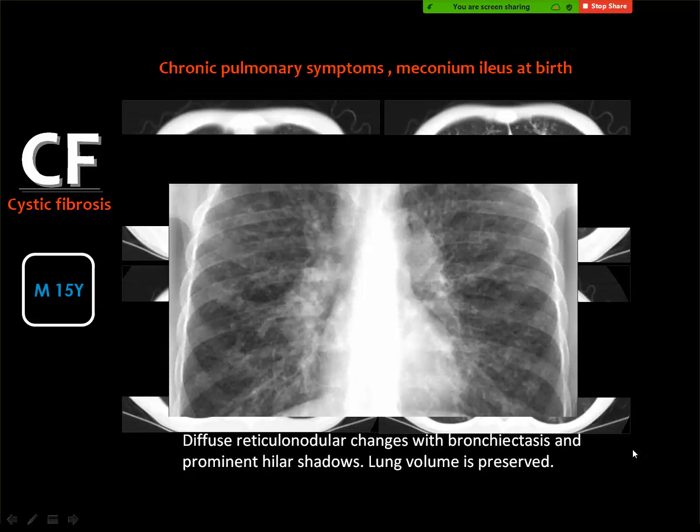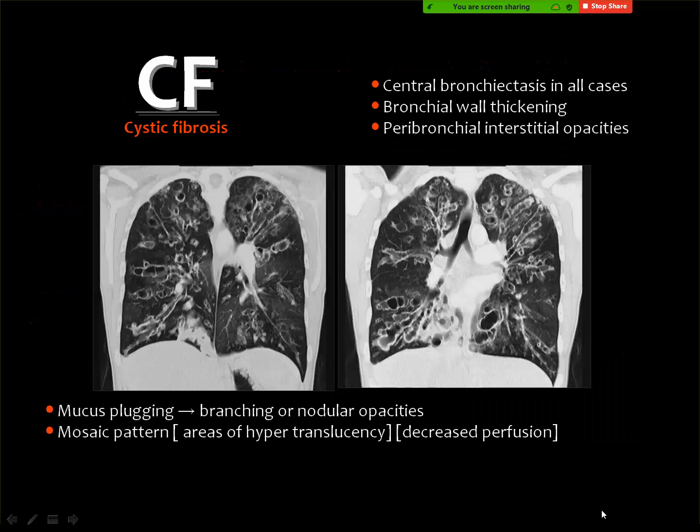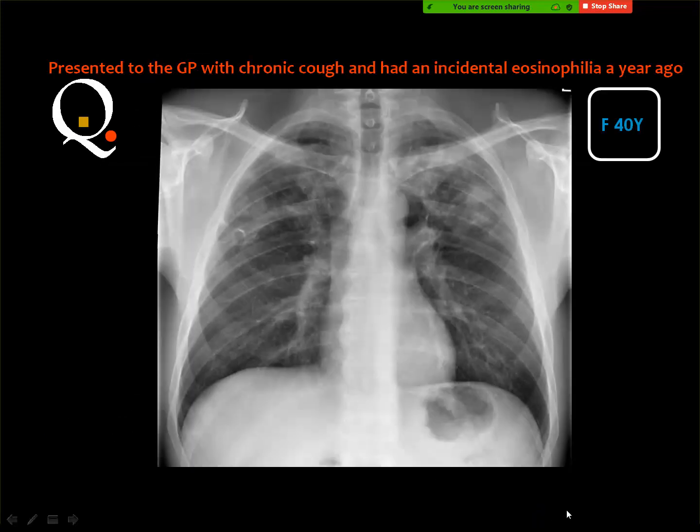If you are asked about the differential diagnosis, and you need the help of CT, then if you see the bronchiectatic changes and the mucus plugging, you can easily reach the diagnosis of cystic fibrosis, especially if you know that the patient had meconium ileus and there is an intimate relation between both conditions. Another example, and you see the bronchiectatic changes, and also you see the mucus plugging.